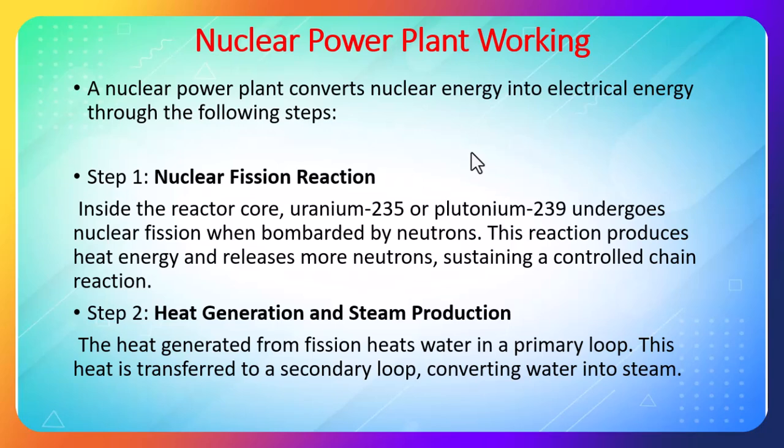So we will absorb the excess neutrons. The second step is heat generation. We all know once this reaction takes place, a huge amount of heat is liberated. So we will use this for converting water into steam. Then that steam is given to the turbine blades, and we start to rotate the turbine blade, which is connected to a generator.